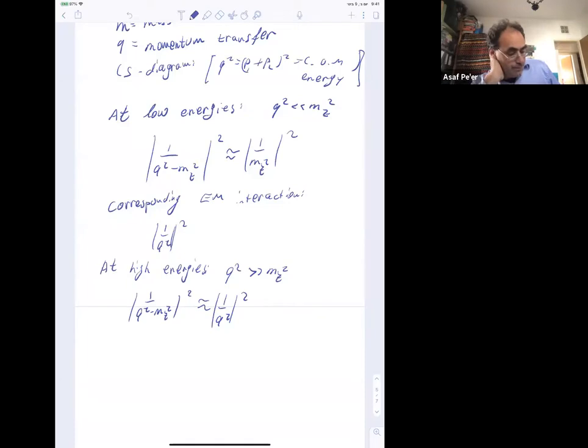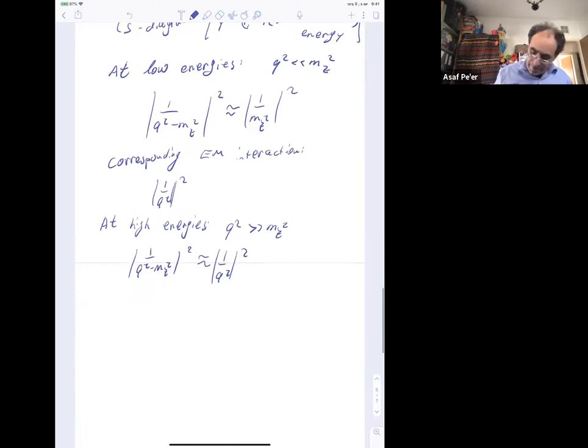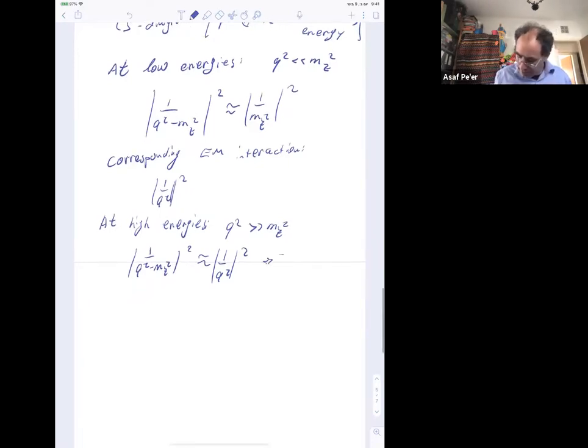The electromagnetic and weak diagrams are comparable, and that is indeed what we're seeing, because the coupling constants of the EM and weak interactions are comparable.